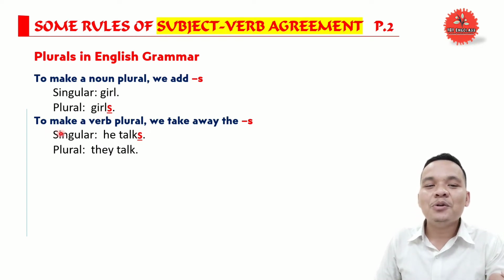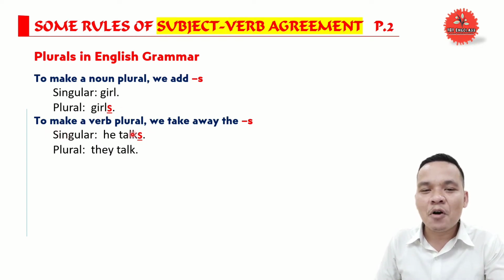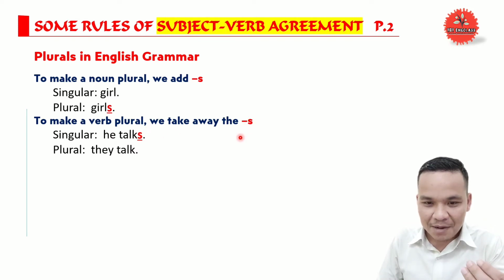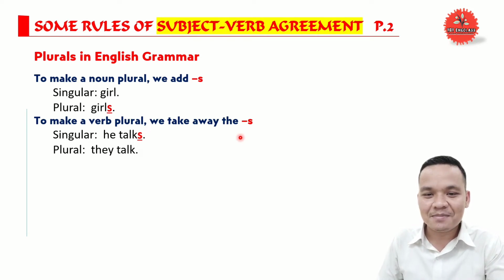But the same form that is plural in a noun is actually the singular form in a verb. To make a verb plural, we take away the s. When you want to make the plural form of a verb, we don't add s. I hope you understand this.